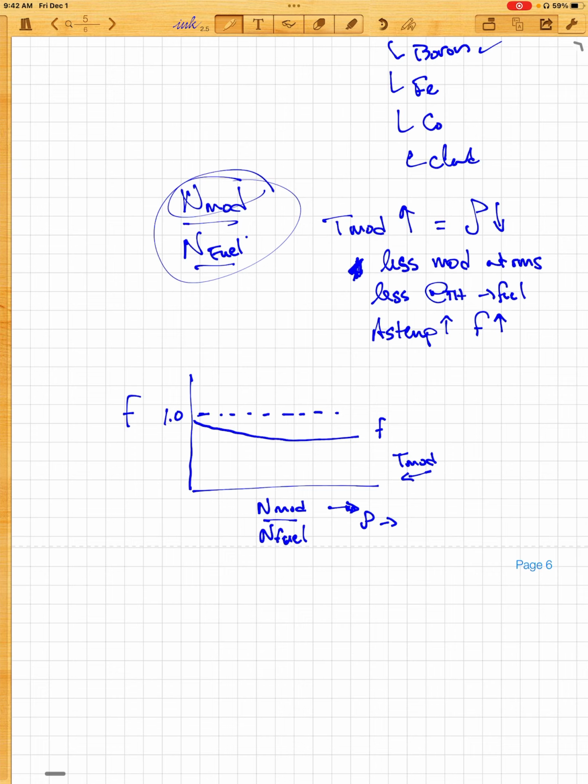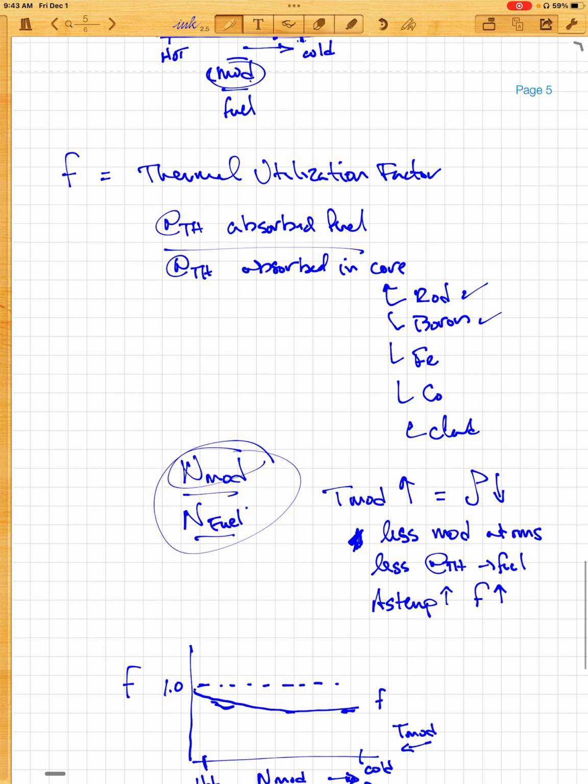So as temperature rises, well, F rises, it follows. Ultimately getting to 1 in some imaginary place. So over here, this is hot. And over here, this is cold. All right, not big changes if we're still cold, but bigger changes if we're hot. And that is because of the density changes.